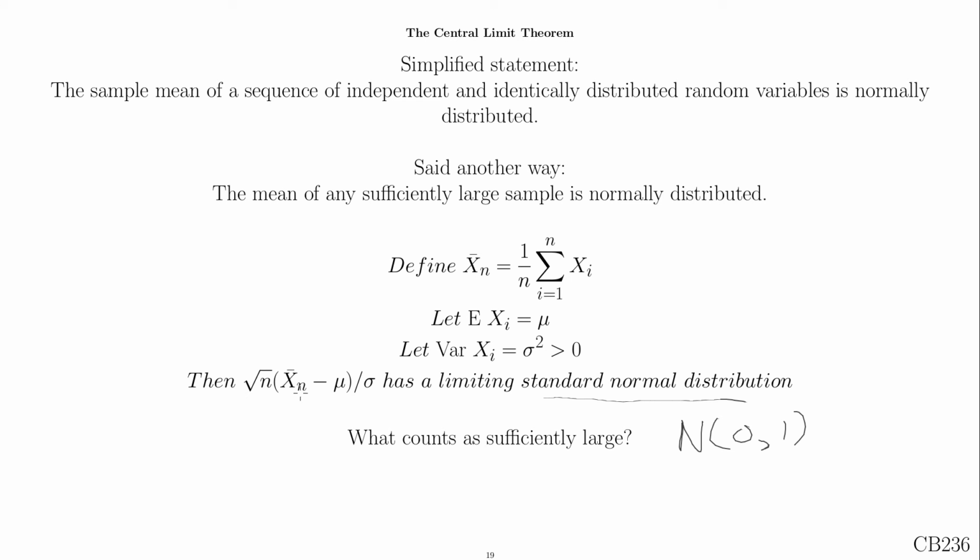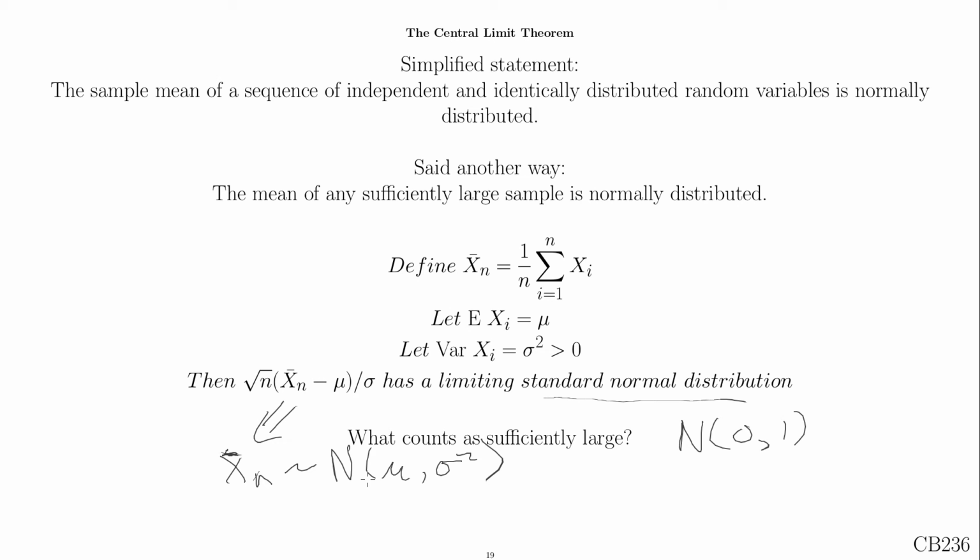But when you take any normal random variable, and you do this transformation on it, and you get normal 0, 1, this implies that x bar n is distributed as a normal mu sigma squared, which is really useful for us in science because we work with means all the time.